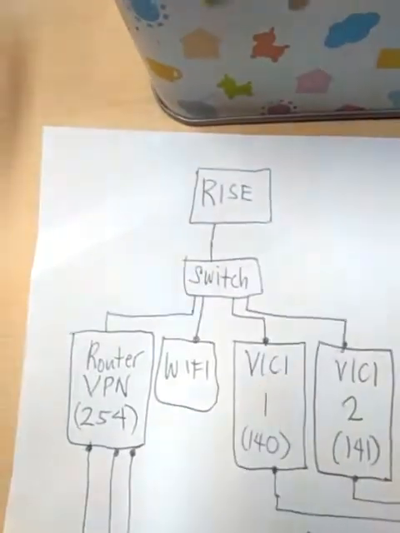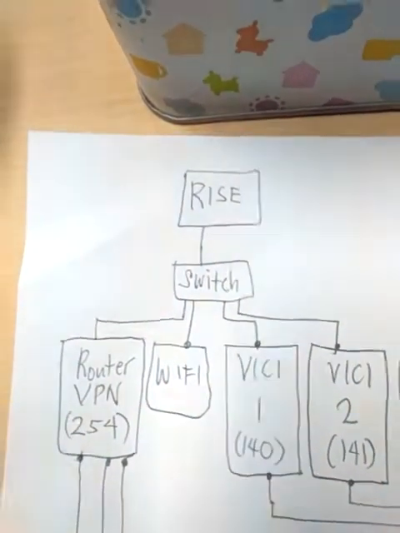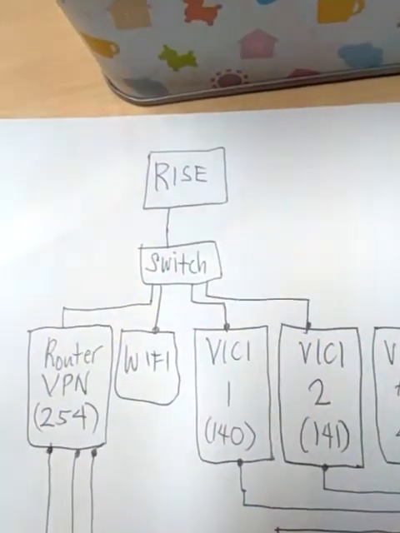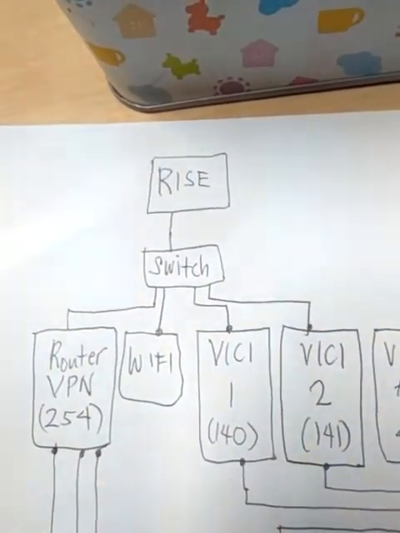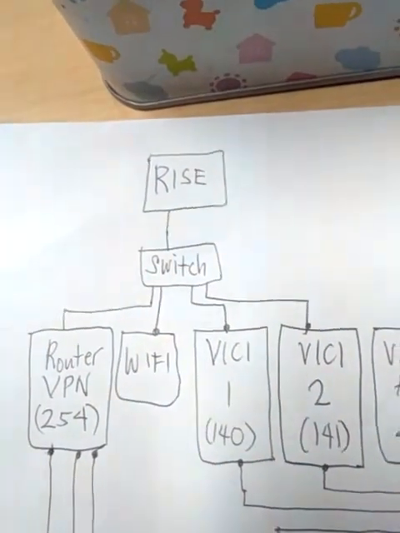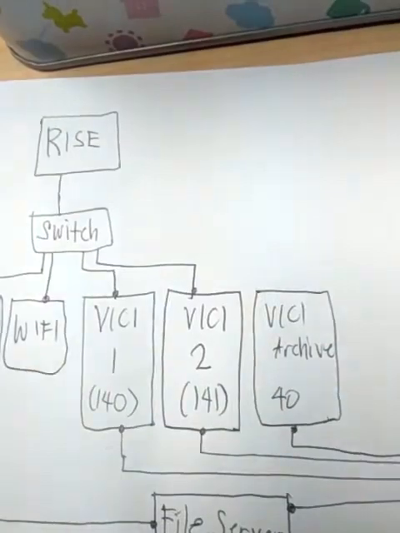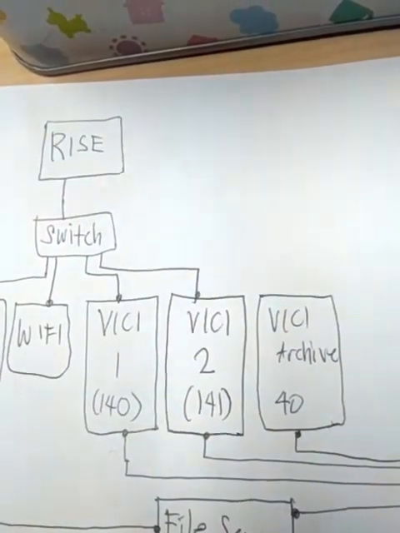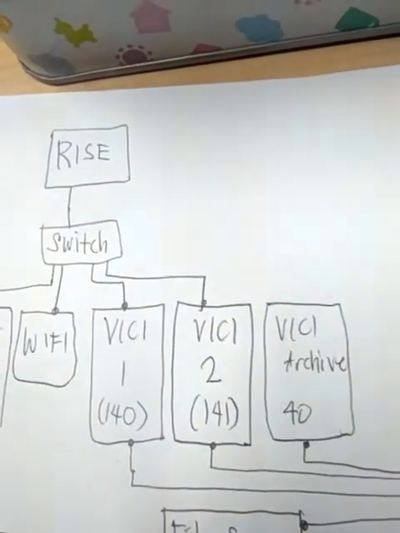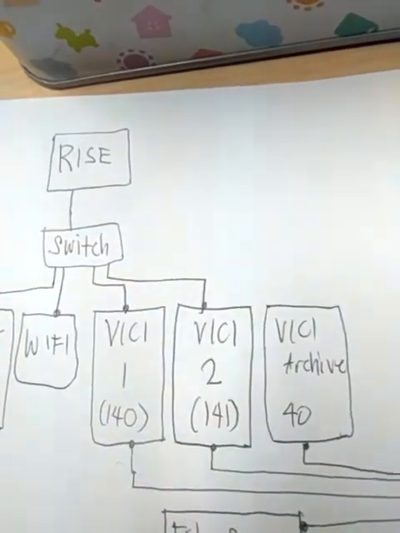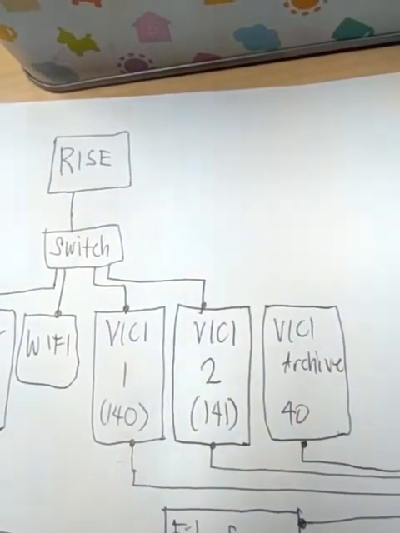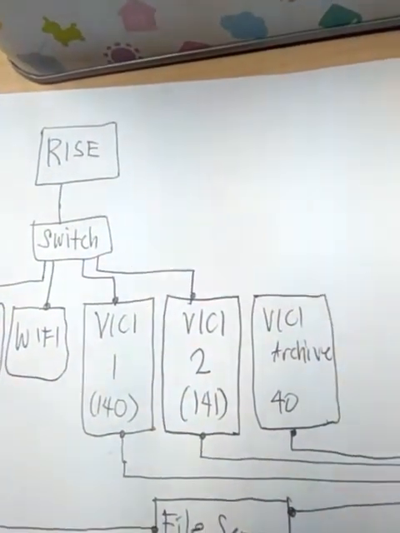We have the VPN, or the router, the 254 router, and the Wi-Fi, and two VC dials. The first is the primary, the second one is like the extension. The IP address of the primary is 140, and the extension is the 141 VC dial.